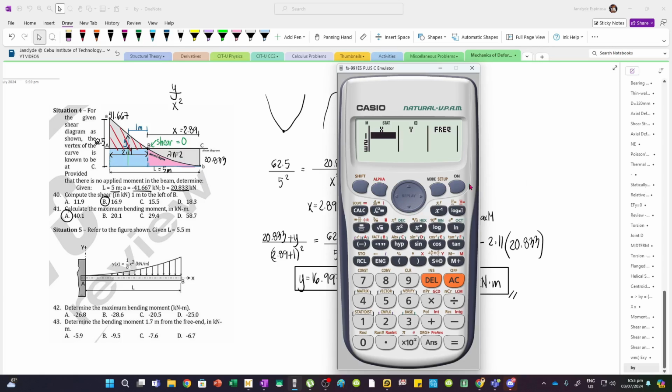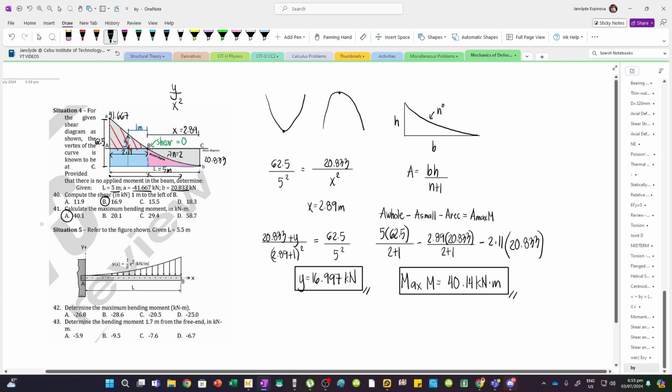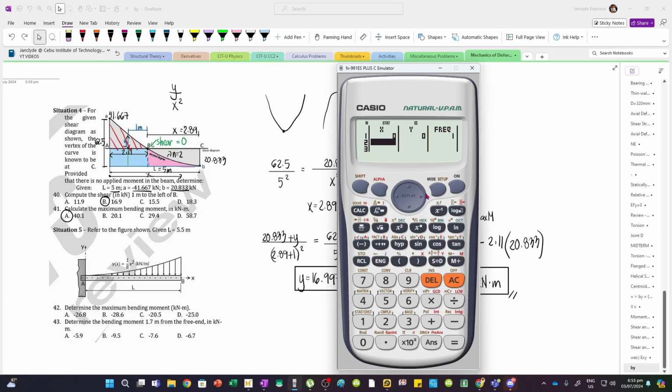So we're going to choose at A, that's at 0 meters. Again, x is measured from this point, from the left. So at x equals 0, the height is 41.667. So 0, 41.667.